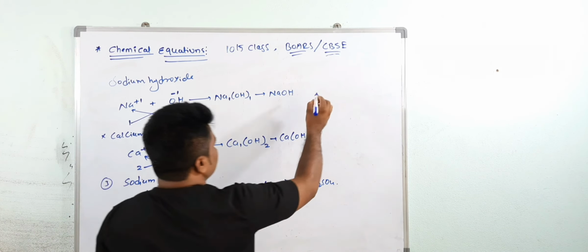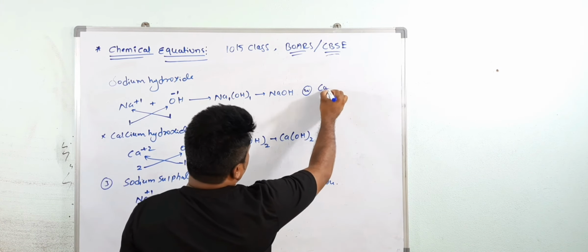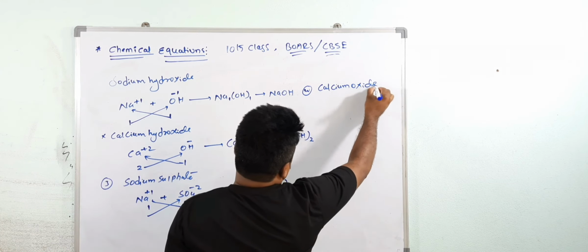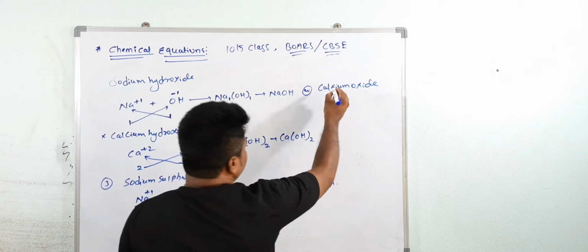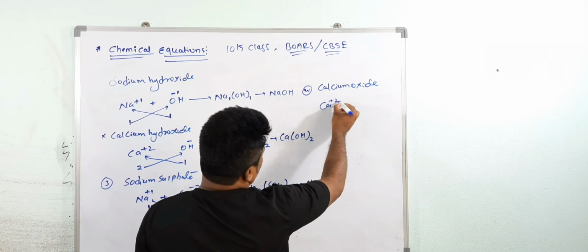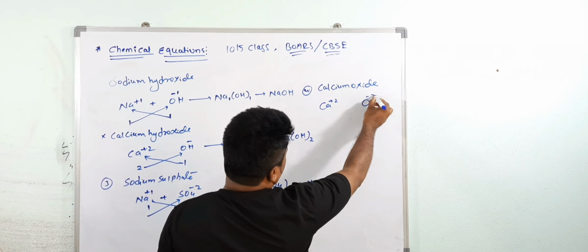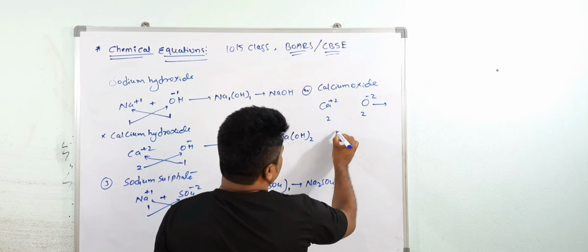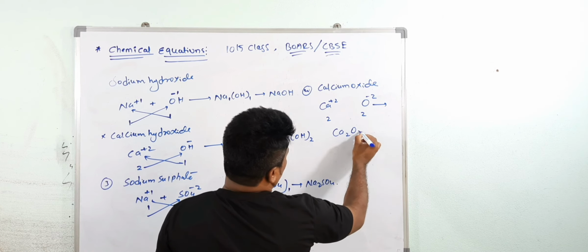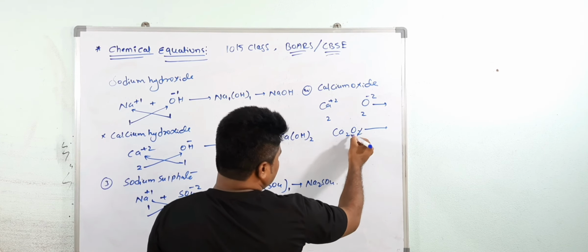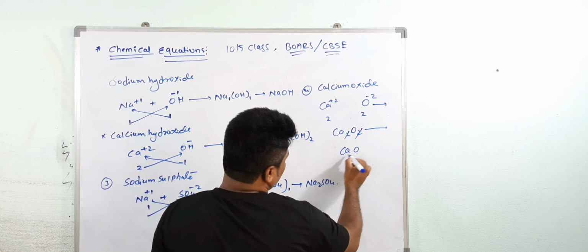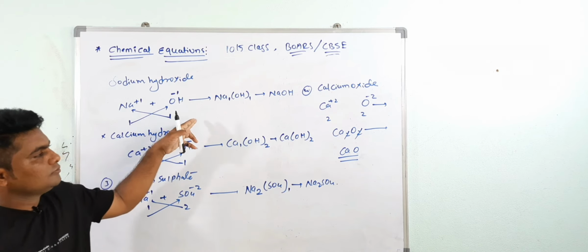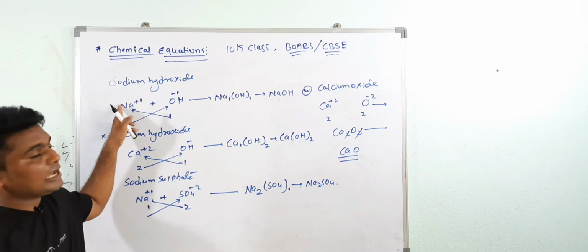For example, fourth, calcium oxide. How to write it? Calcium means Ca plus 2, oxide means O minus 2. So the valency is 2 here, and the valency is 2 here. So you can write Ca2O2. Both are the same digits, so just cancel them and directly write CaO, calcium oxide. So this is writing the formula based on the anion and cation.